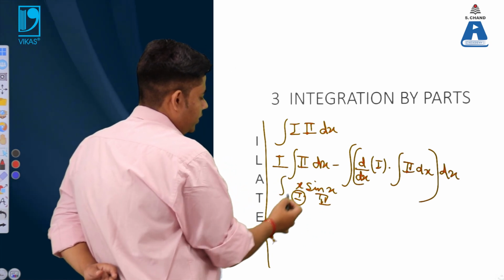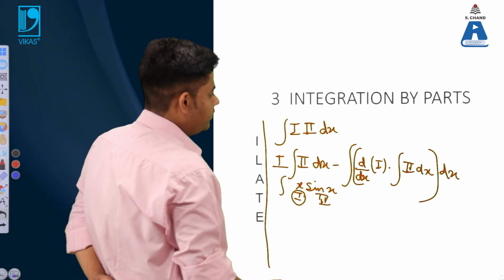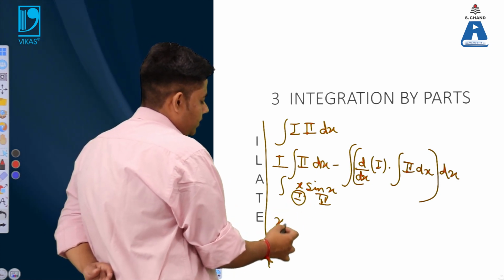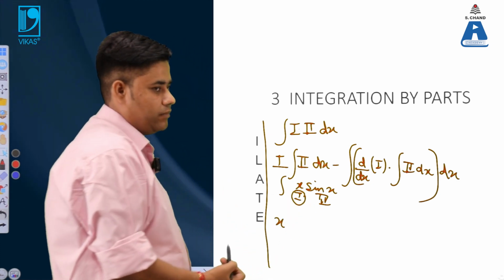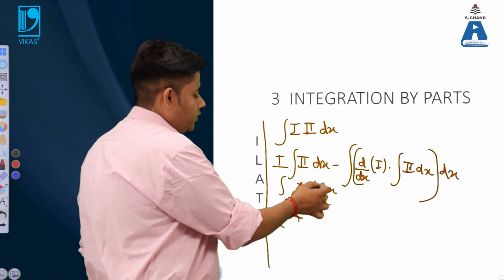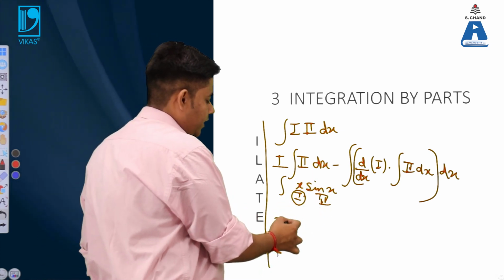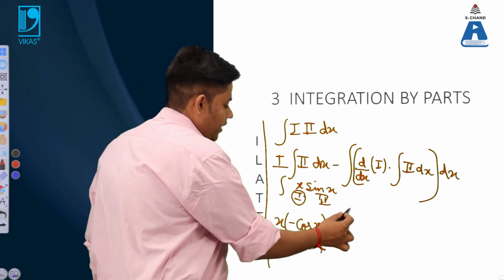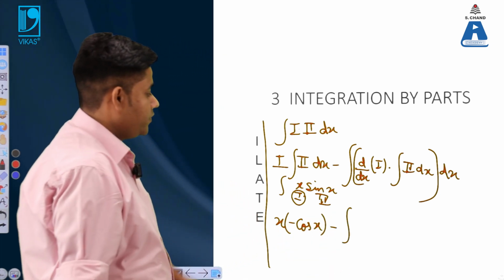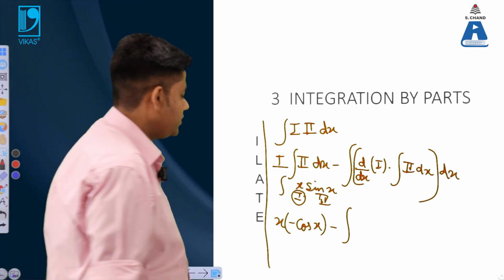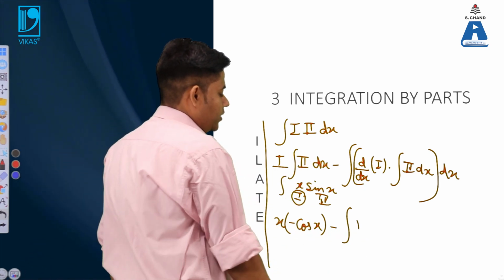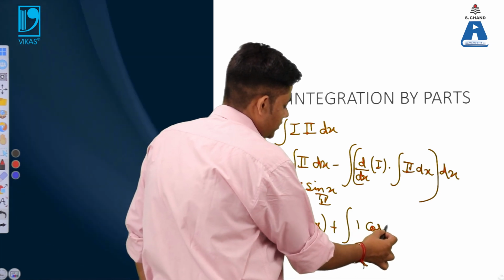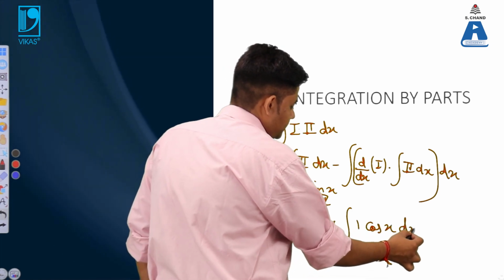As per the formula of by parts, the first function remains the same and we write the integral of the second, which is the integral of sin x, that is minus cos x. Minus a big integral in which we write the derivative of the first, which is the derivative of x as 1, and the integral of the second, which is minus cos x dx.